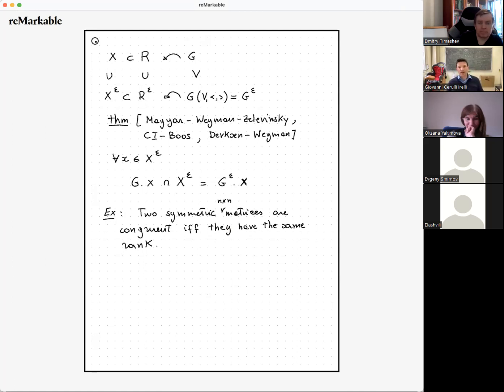All right, and so this kind of solves somehow the first question about description of the orbits. Okay, but then the much more difficult question concerns the orbit closures.